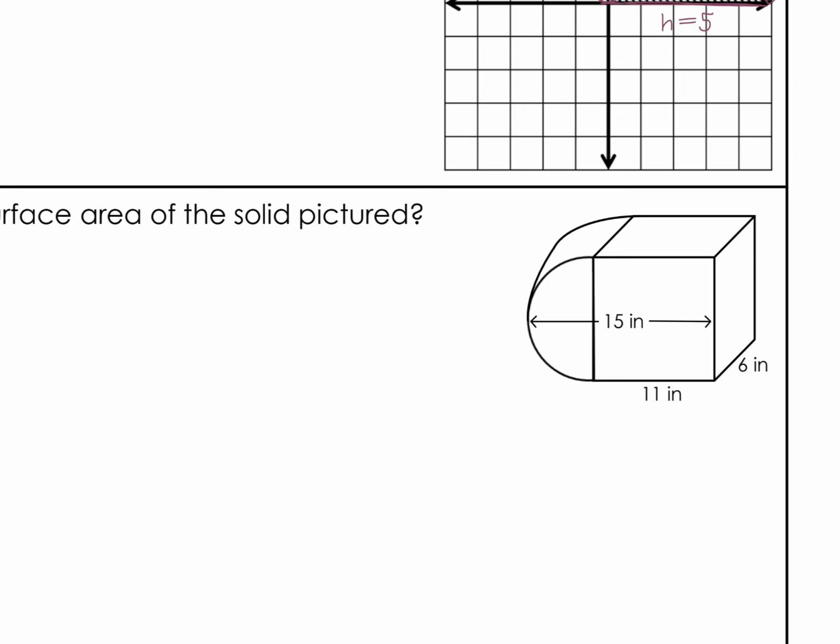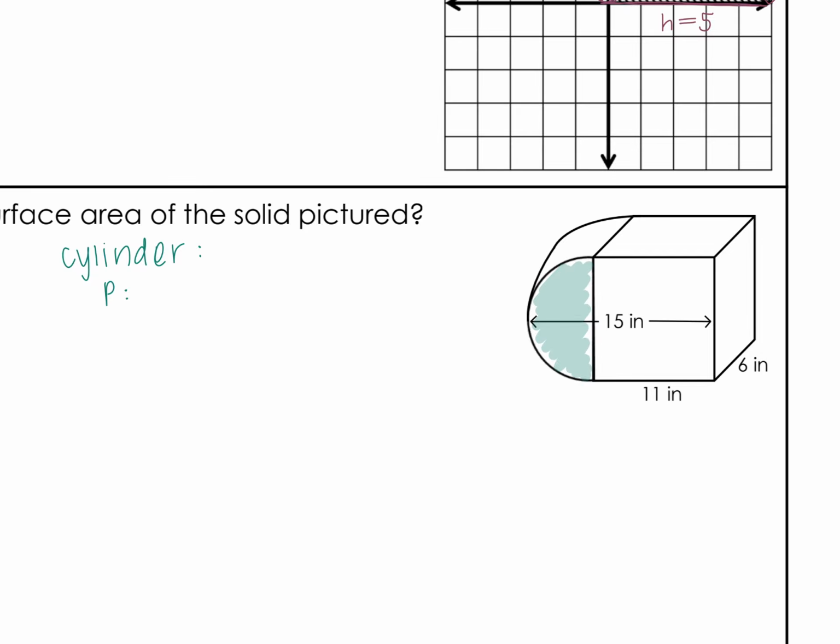So I'm going to start off with my cylinder. Labeling our work so it's easy to find. So for our cylinder here, we would have our P, our perimeter, circumference. So looking at my base, my circle, or in this case, it's going to end up being a semicircle. But looking here, I do not have a radius and I don't have a diameter either. So we need to kind of play with some of the information that is provided.